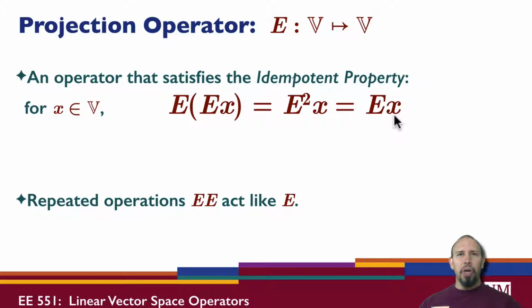I can keep doing the same thing over and over again, and I get the same result. An example of a projection operator is the identity operator. Remember, it maps x onto itself. I get x, if I do it again I still get x, and I can keep doing it as many times as I want, and I still get x.